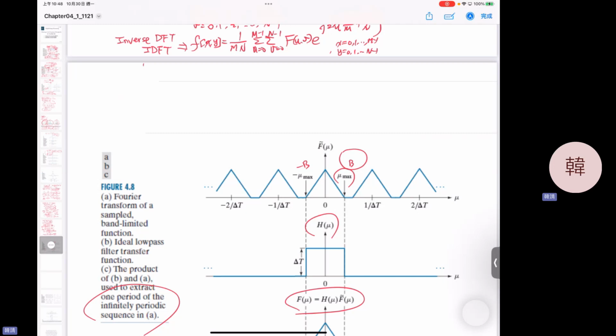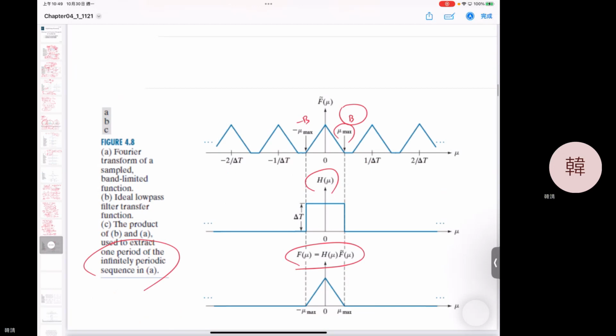And what's the minimal requirement for your sample rate? If this is B, your frequency band, then 1 divided by delta t must be double your bandwidth, your mu max, twice.